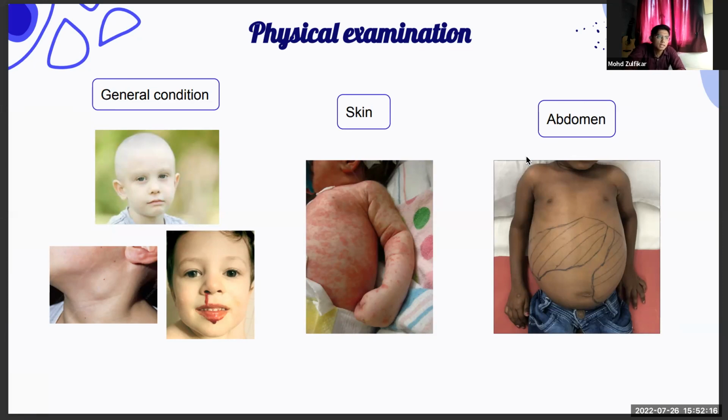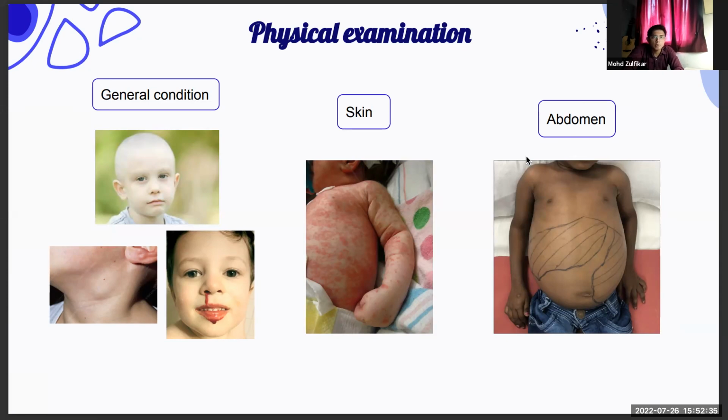Other than that, there is also nosebleed or mucosal bleeding due to thrombocytopenia. On the skin, what we can see is a red spot, which is known as leukemia cutis, one of the findings in patients with leukemia.